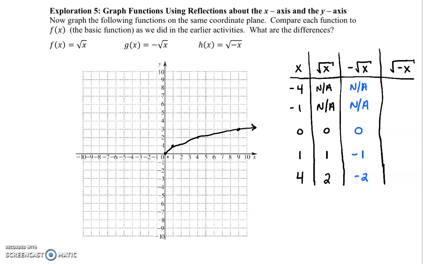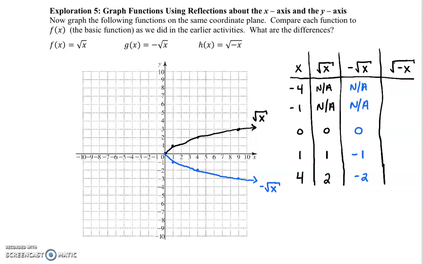So if we plot those, we have (0, 0), (1, -1), (4, -2), and we know it carries on the same way. So this is negative square root of x. I'm sorry, I forgot to label the square root one.